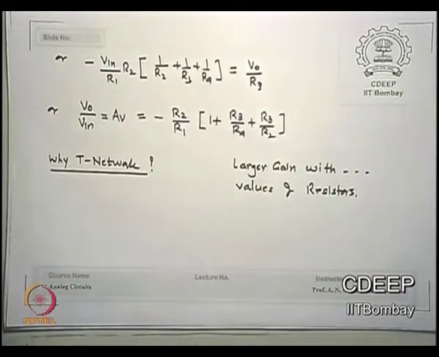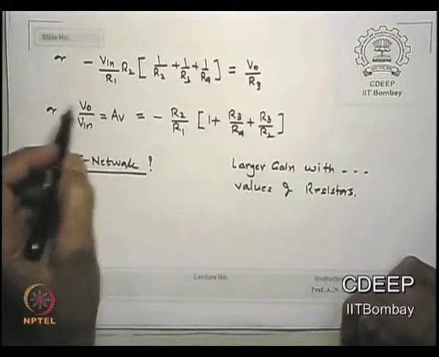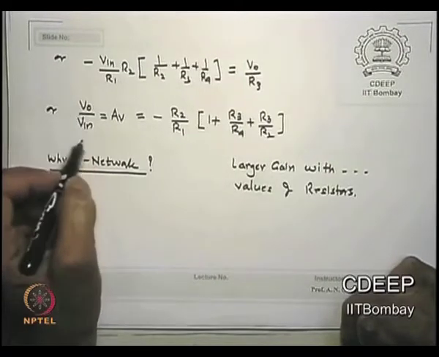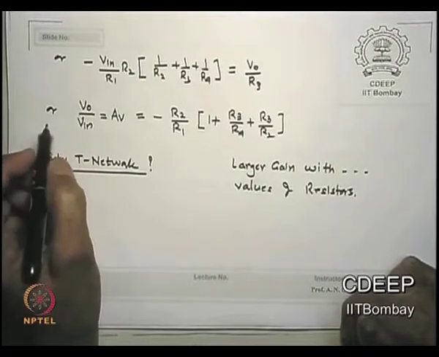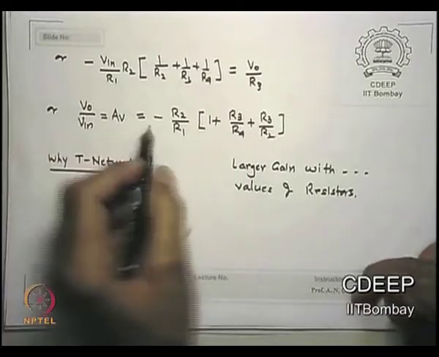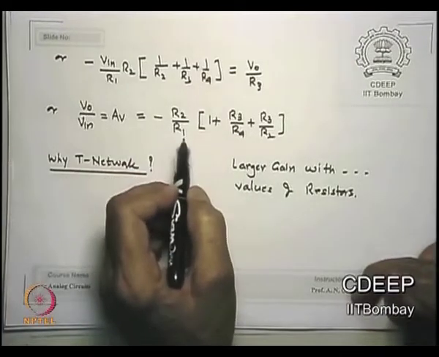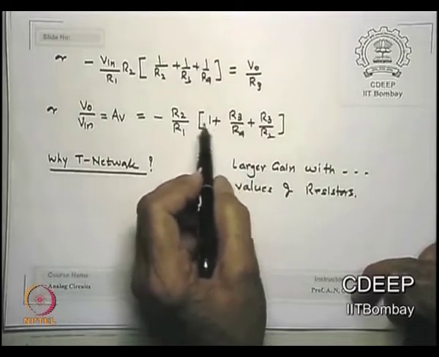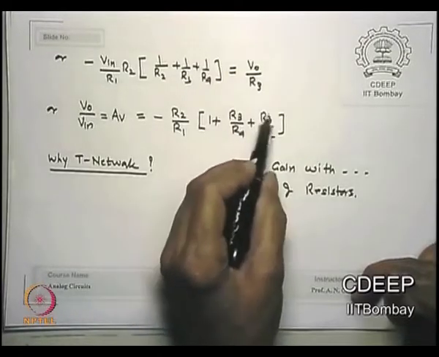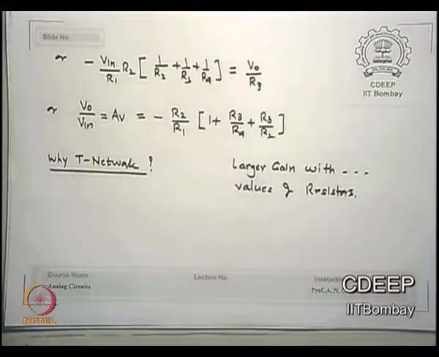इक्वेशन में से सब्स्टिट्यूशन किया जा रहा है. फाइनली इसके अनुसार मैंने V0 by Vn निकाला. So that is minus R2 by R1 into 1 plus R3 by R4, R3 by R2. Now can you see if I did not have T network, तो गेन कहाँ से बढ़ा था मैं?